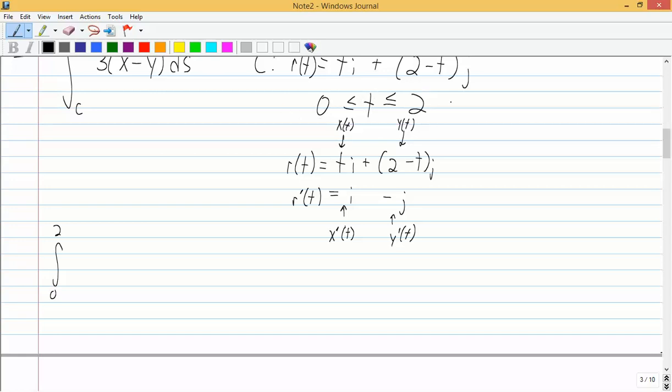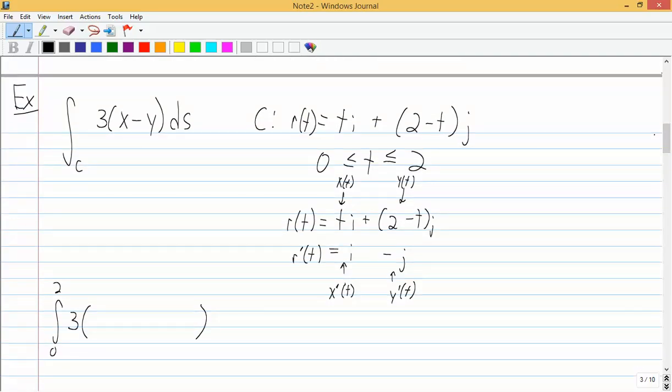So this is going to be the integral from 0 to 2 of 3 times, what is our function in terms of x of t, y of t? It's this over here. So our function is going to be t minus 2 minus t.